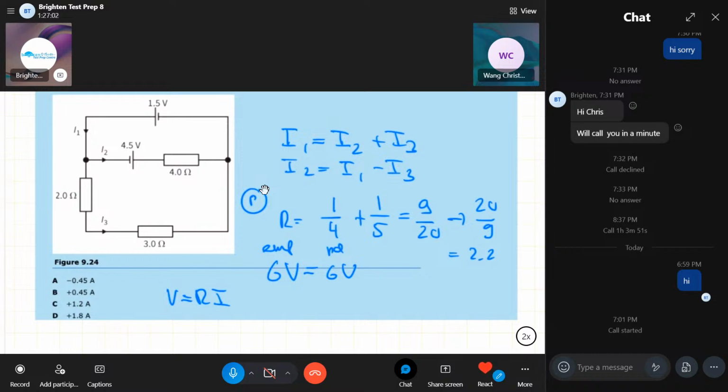So what we cannot say yet is, let's say we have the current here. What is the current in this loop, right?